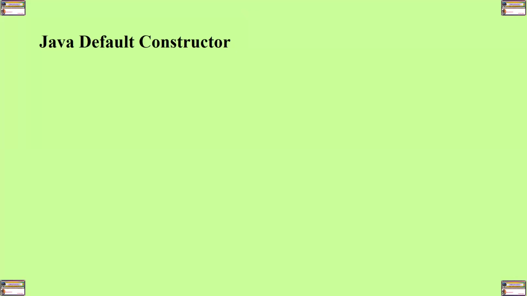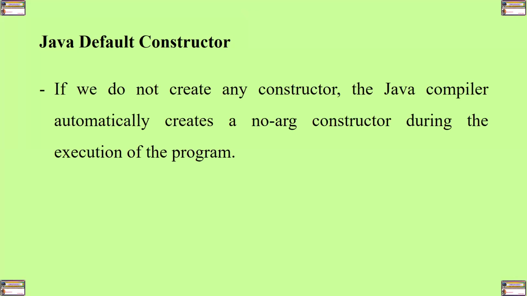Let's now look at what we call the Java default constructor. Now, if we do not create any constructor, like in the programs we have been doing under object-oriented programming, and in most of the programs that we have worked with in this series of tutorials, you have noted that we didn't declare any constructor.